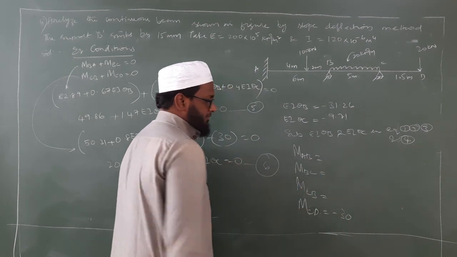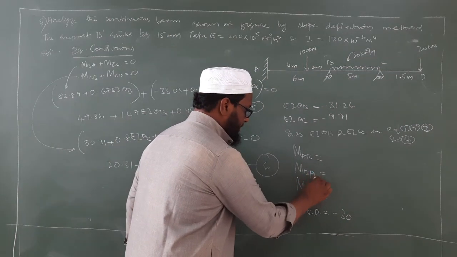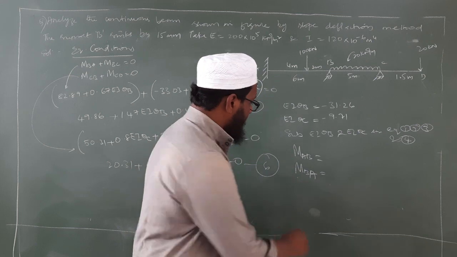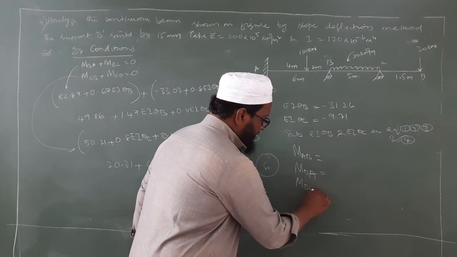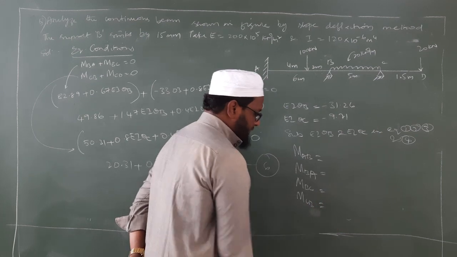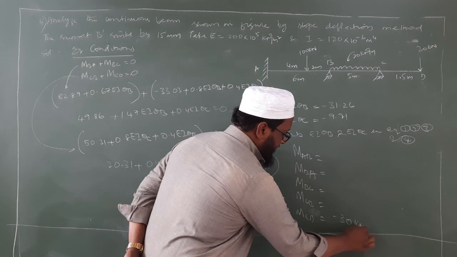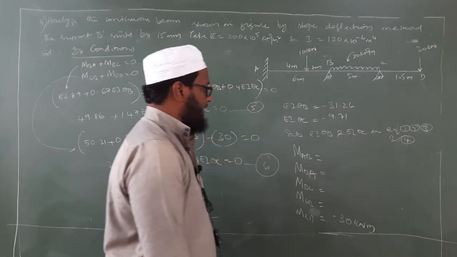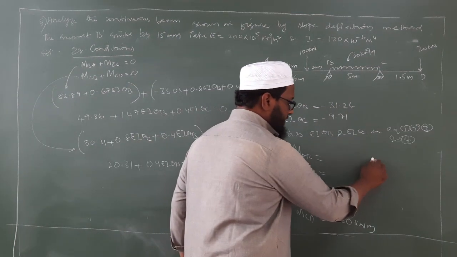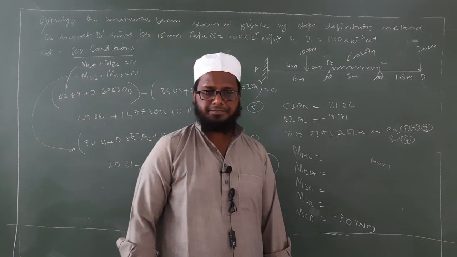These values you will get: MAB, MBA, then we have MBC, then MCB, and finally MCD is already we have, that is minus 30 kilonewton meter. Okay, MAB, MBA, MBC, all these values, once you substitute that, you will get those values in kilonewton meter. Okay. Right, thank you.